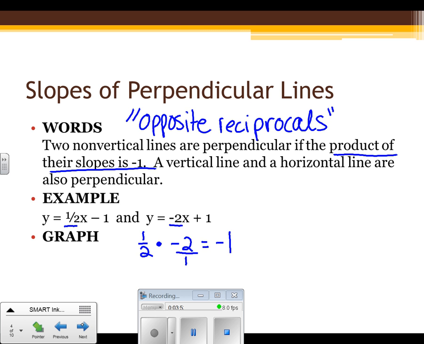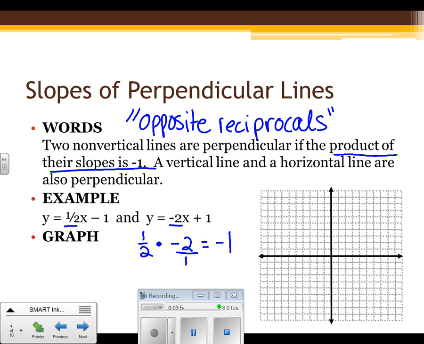So if I were to graph these two lines, the first one I'll use my blue marker here. Let's see, y equals 1/2 x minus 1, so it crosses at -1. It has a slope of 1/2.